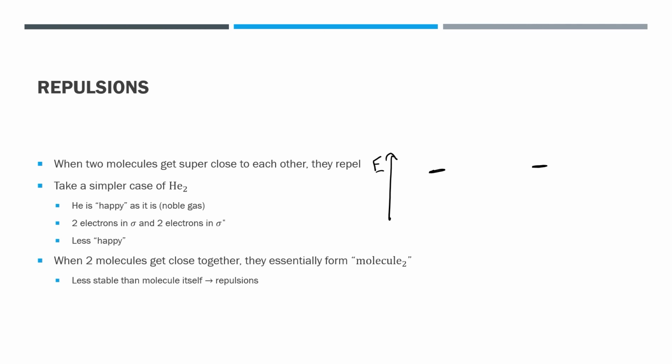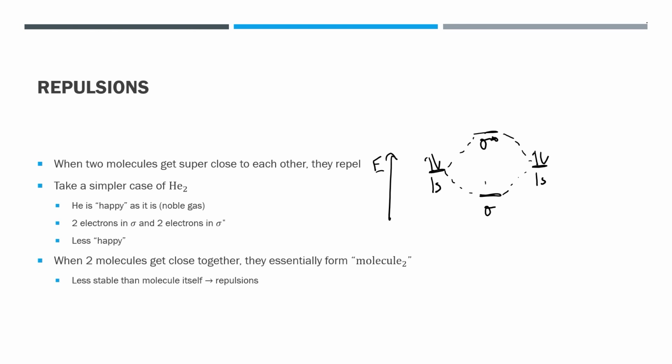If you remember molecular orbital diagrams, we have our 1s orbital on helium, and it's filled with 2 electrons, right? And when we push an s and an s orbital together, we form a sigma bonding orbital and a sigma star anti-bonding orbital.